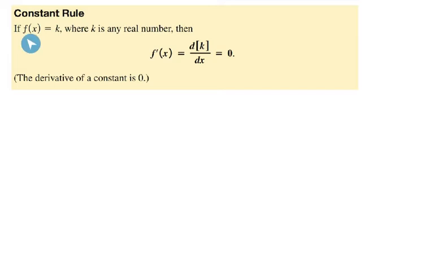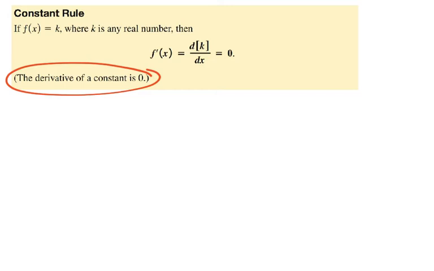And so if we have a function that is a constant, so f of x equals k, where k is any real number, then the derivative f prime of x, or the derivative with respect to x of k, is 0.